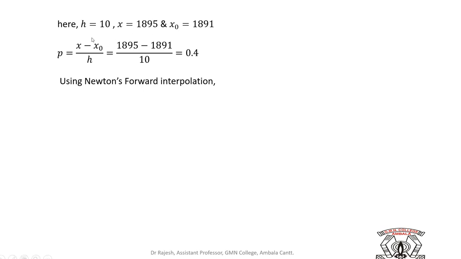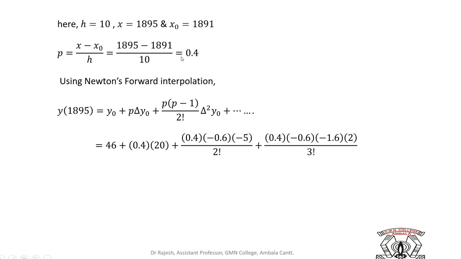For that, p is x minus x naught, 1895 minus 1891, divided by 10, which is 0.4. So we know by Newton forward interpolation formula, this is the formula. We have the value of p, we will put it over here, and the various values we will pick from the table.